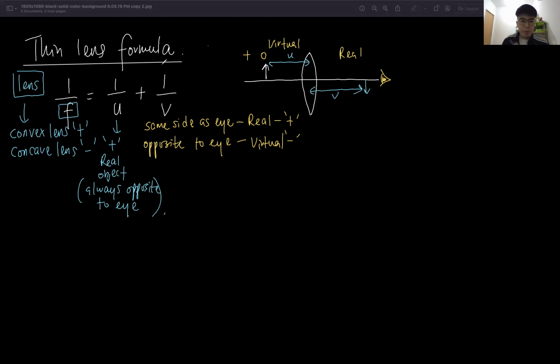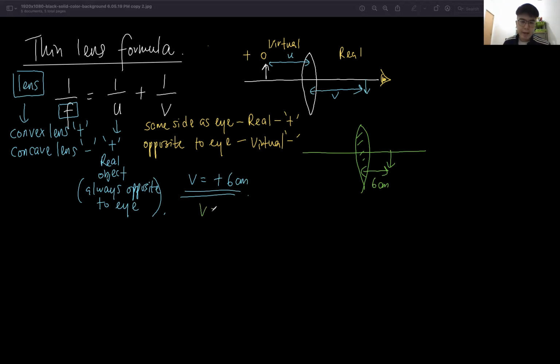Okay, so the lens formula, U and V, only tells you the position of the image. Depending on your calculation, let's say you get V equals positive 6 cm. What does it mean? That means the image is at 6 cm, positive, right? Positive is right side, so 6 cm to the right. It means your image is here, measured from the center, you get 6 cm.